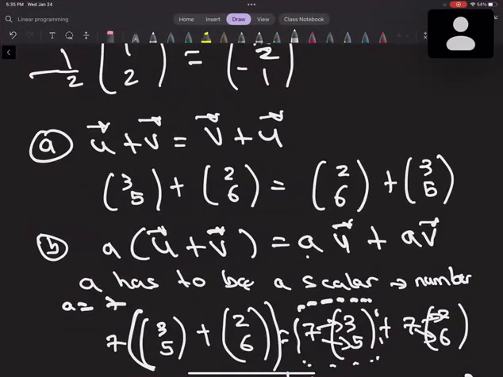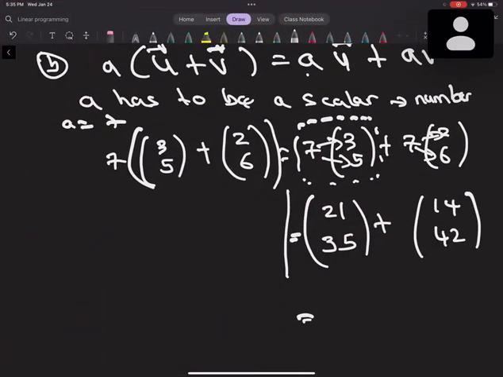So here, now I can add: 21 plus 14 is 35. Now 35 plus 42 is 77. Yeah.